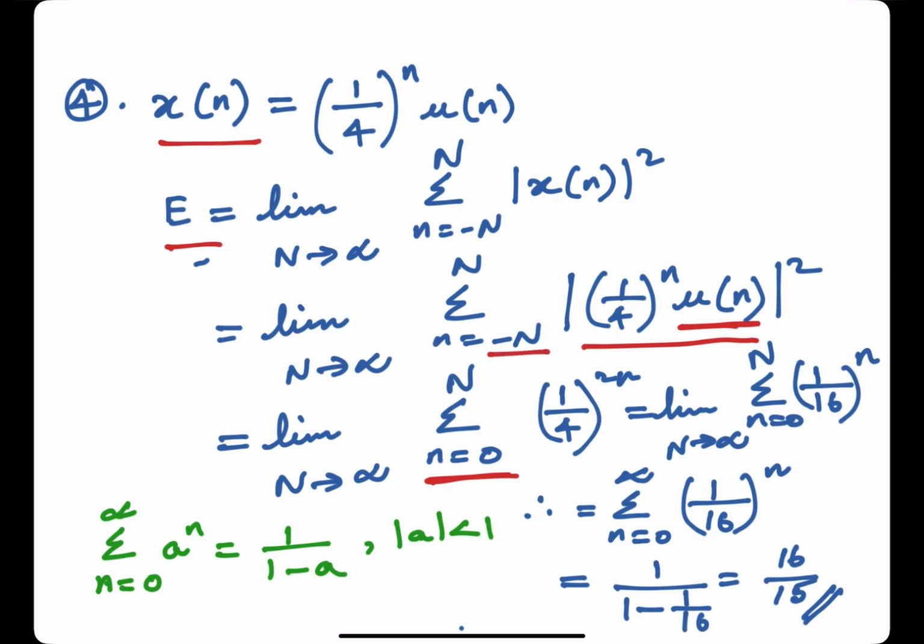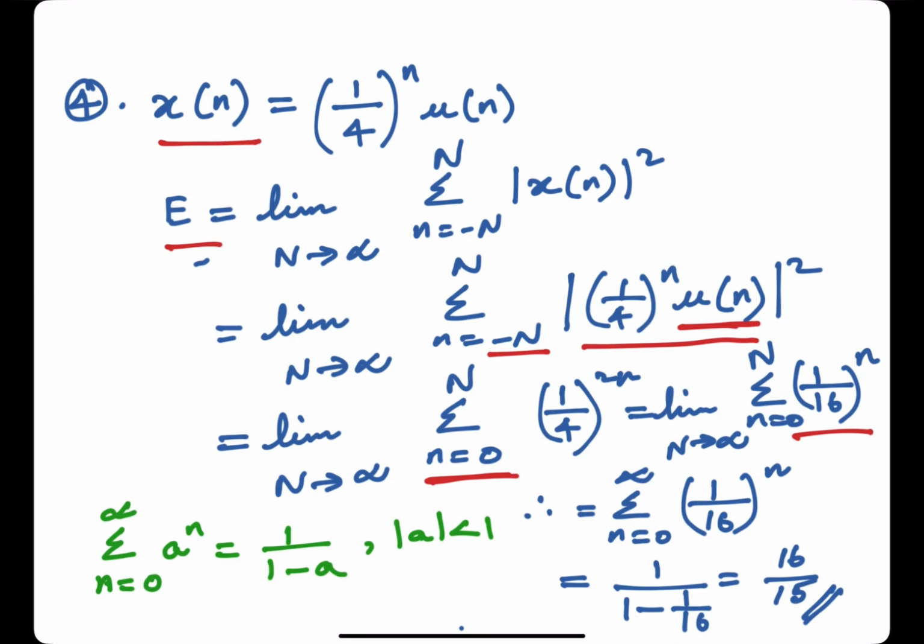This minus n will change to 0 as the negative part is 0 for this u of n. So the summation limit becomes n is equivalent to 0 to capital N. And this 1 by 4 power 2n, so this 1 by 4 square and into n, will become 1 by 16 power n.